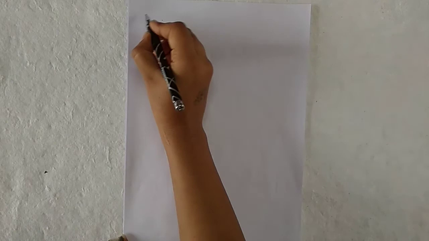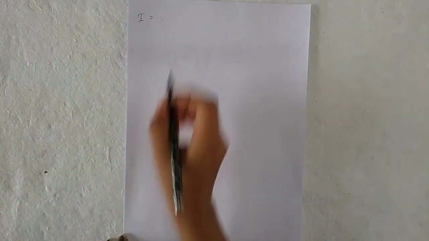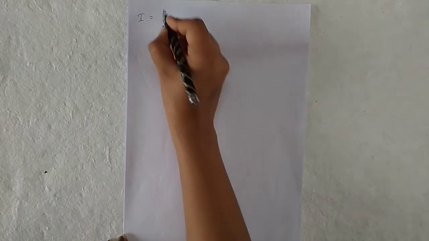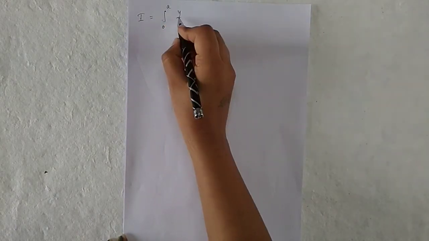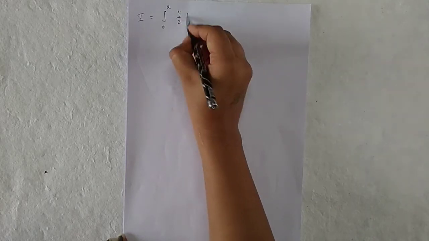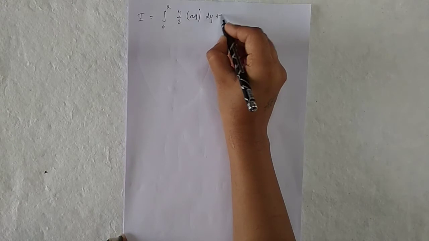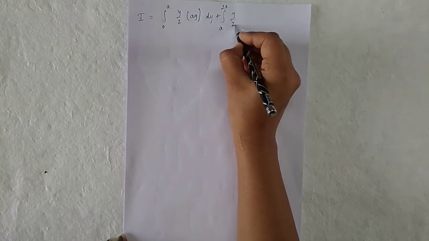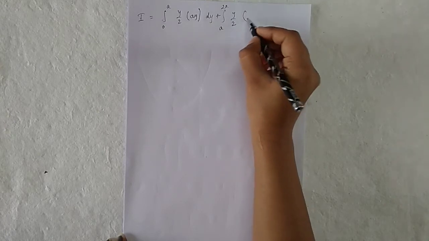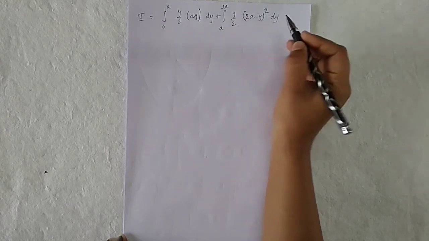So now the integration is equal to the integral over 0 to a of y by 2, taking the constant. If we put in the limit, that becomes ay dy, plus the integral from a to 2a of y by 2 and x square, that becomes 2a minus y whole square dy.